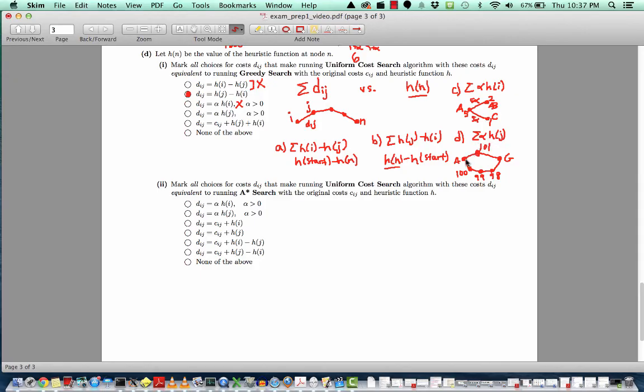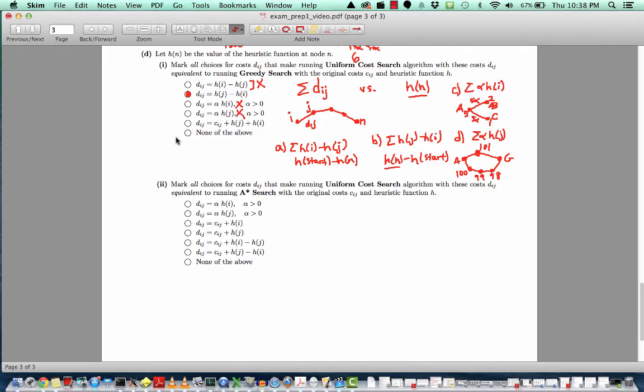So uniform cost search will compare 101, which is on the fringe, to 100 plus 99, and both of these are multiplied by some value alpha. Since 101 is less than 100 plus 99, or 199, uniform cost search will then expand 101, whereas greedy search will expand 99. So this is also not a correct solution.